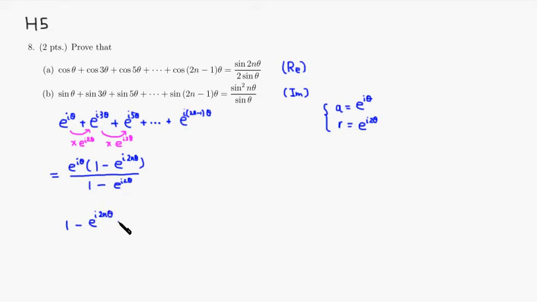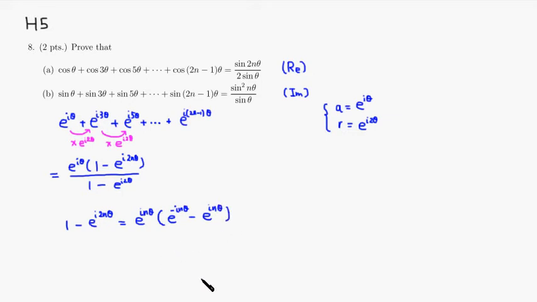First we factor out e to the i n theta, so you have e to the negative i n theta minus e to the i n theta.